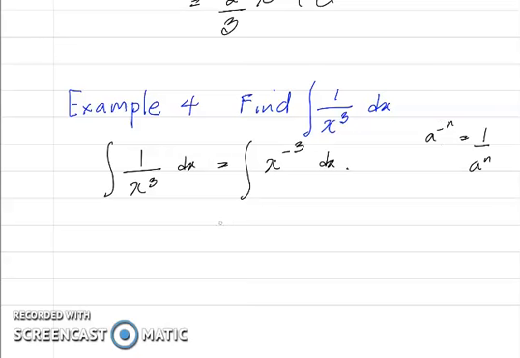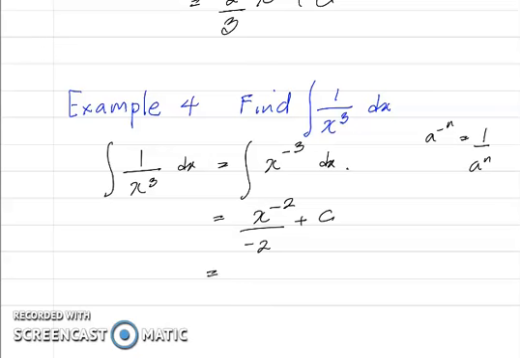So now we need to increase the power by 1. When you add 1 to minus 3, you get minus 2. So this becomes x to the minus 2, and we have to divide by the new power, which is minus 2, and then add c, which is the constant of integration.